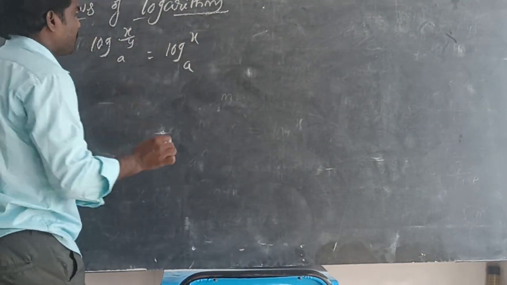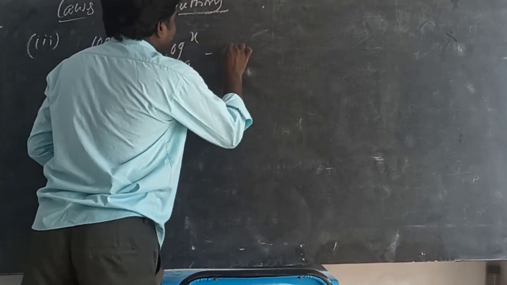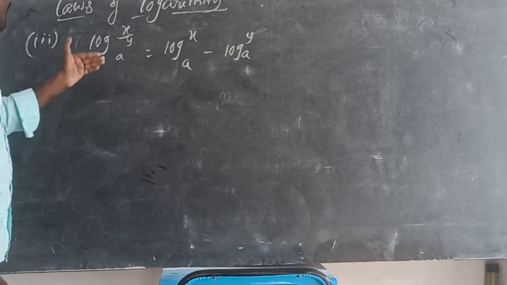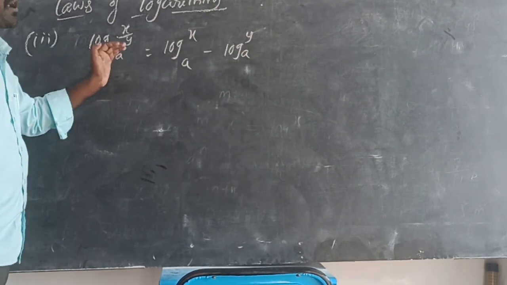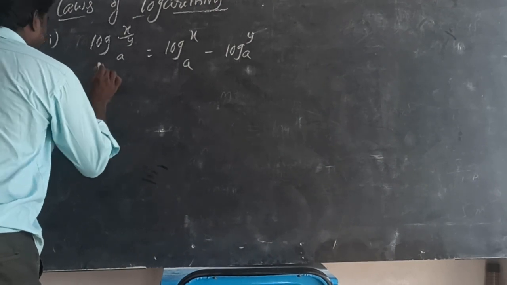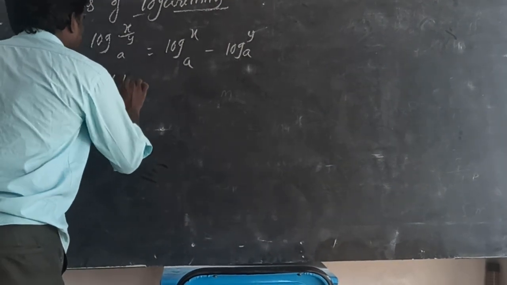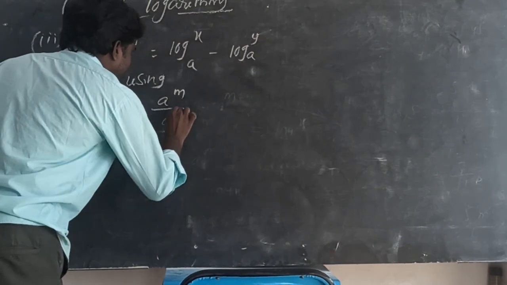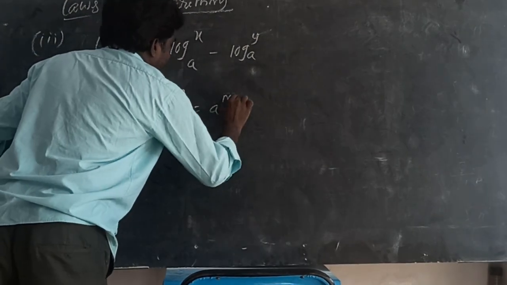So log x base a minus log y base a. This logarithm law we can prove by using the law of exponent, that is a power m by a power n is equal to a power m minus n.